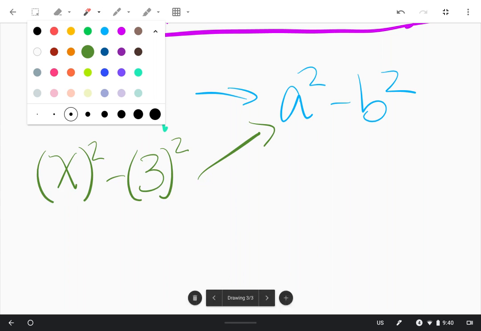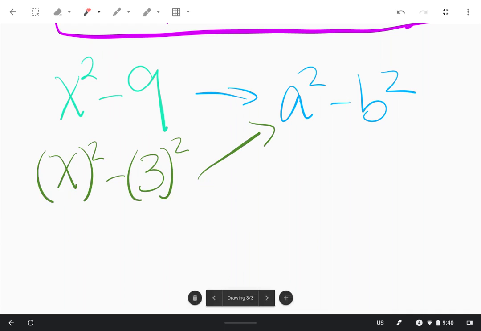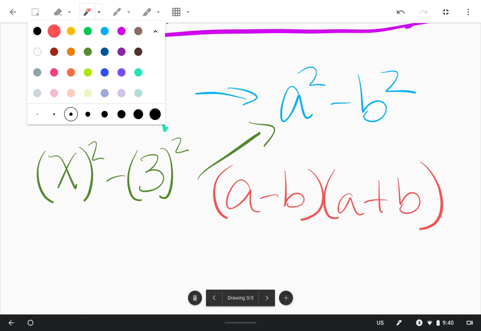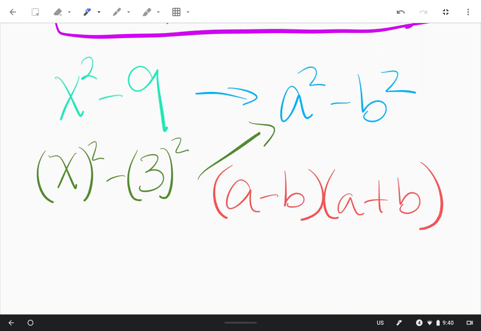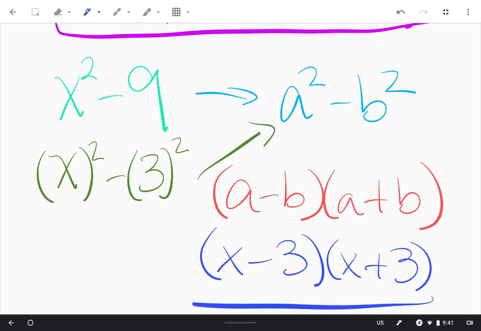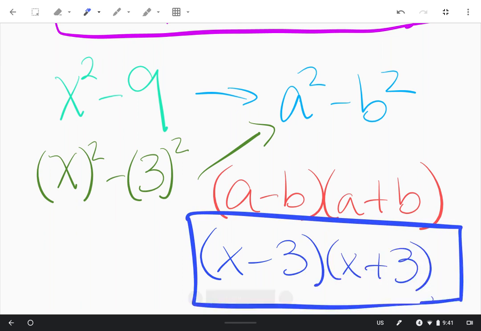So like I said, the way the pattern works is it is a minus b, a plus b. So x is a, 3 is b. So let's go through and follow the same pattern. X minus 3, x plus 3. And so that's the final answer.